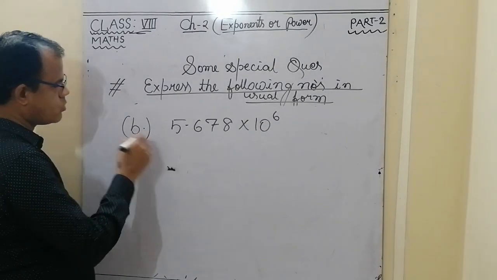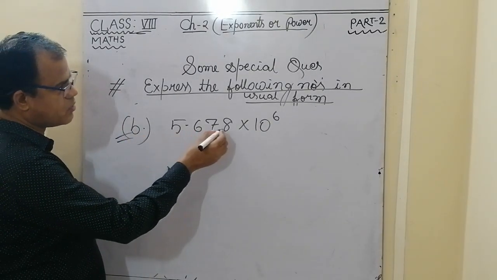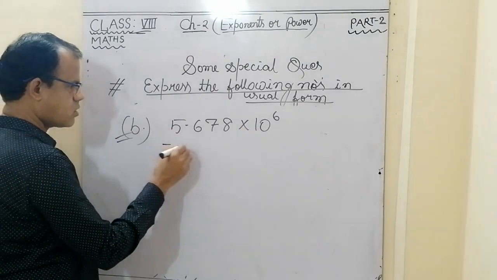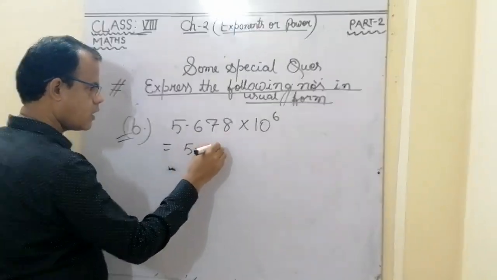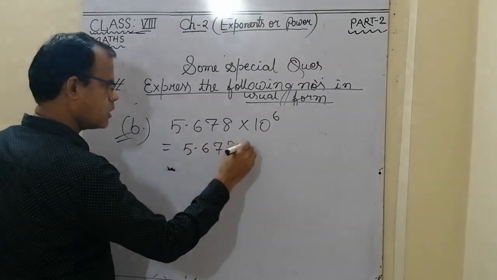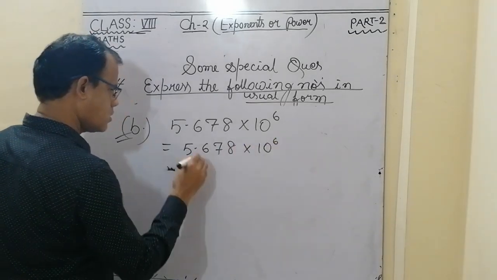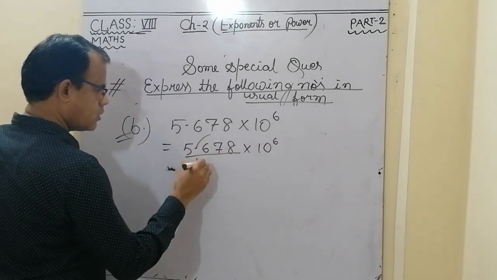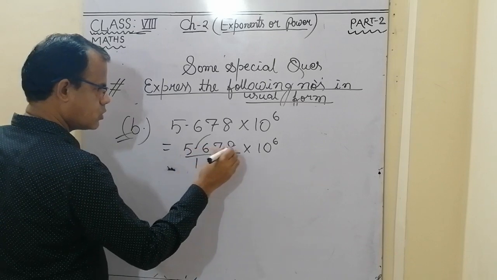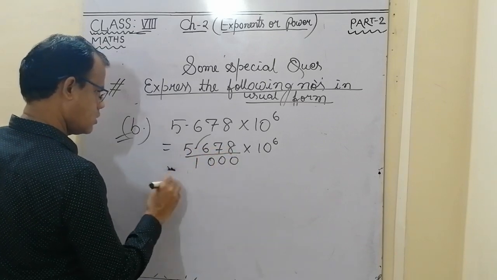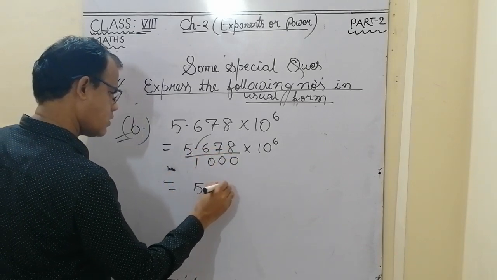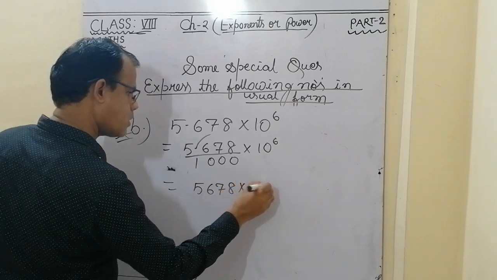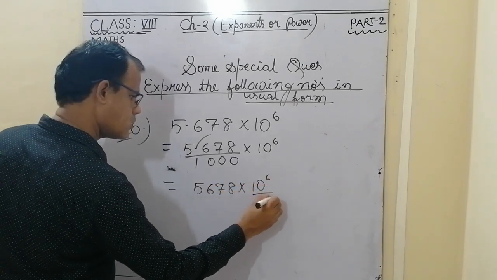Yes student, next question, B part, 5.678 into 10 to the power 6. So we can write like that: 5.678 multiplied by 10 to the power 6, remove the point, and after the point 1, 2, 3 digits are there. So it becomes 5678 into 10 to the power 6 by 10 to the power 3.